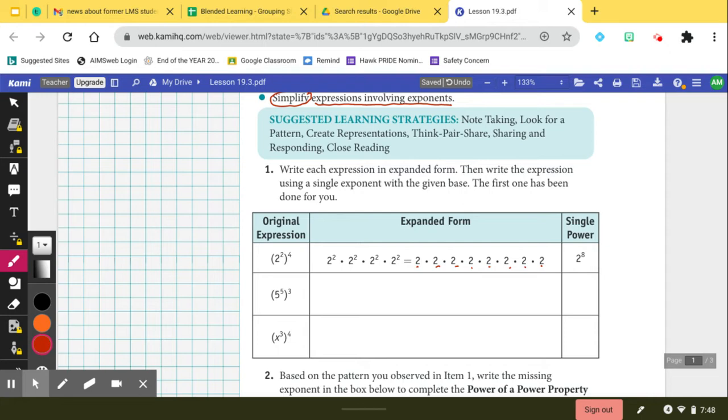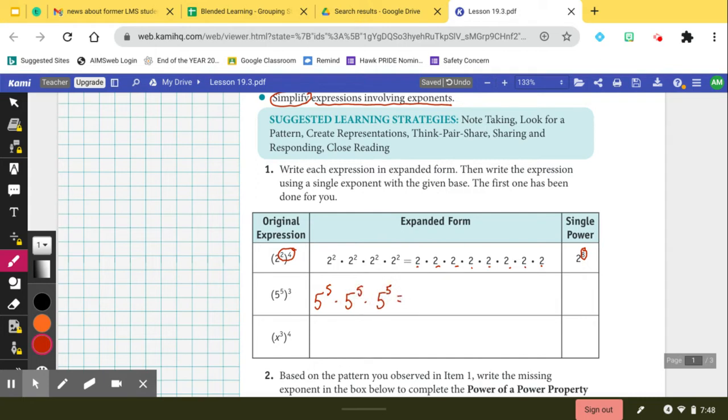So we're trying to see, well, what's the relationship between the exponents that I had when I was raising it to a power and the exponent that I ended up with. Let's see if we can see this pattern in the next one. So we have 5 to the 5th power being raised to the 3rd power. So this is 5 to the 5th power times 5 to the 5th power 3 times.